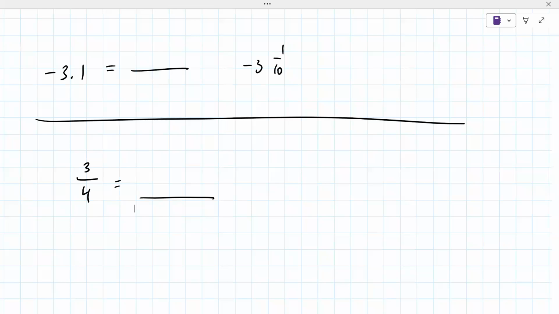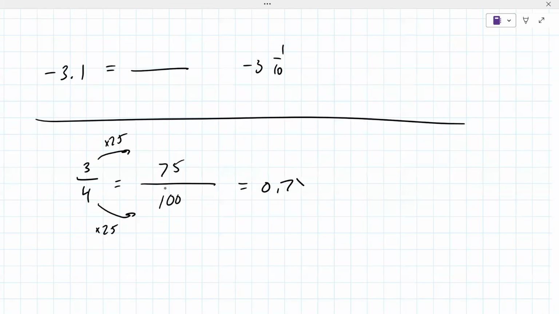Yeah, I definitely need help with this one, but it was 0.75, right? It is, but your goal is to always get it to 100 if you can, rather than dividing. Okay, so you just do like 25. Yeah, and then that tells you it's 0.75.